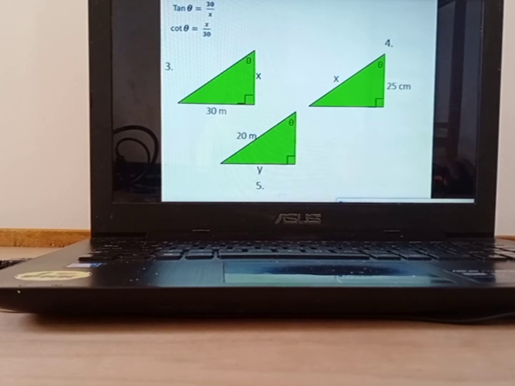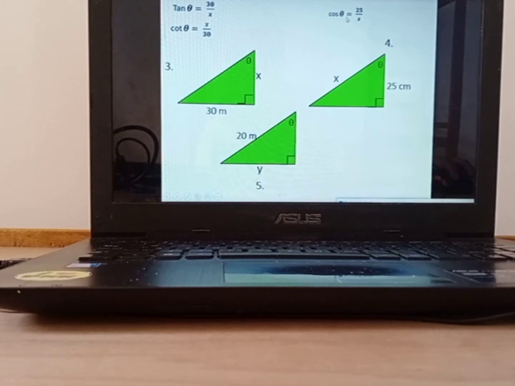Our formula is adjacent over hypotenuse. So the value of our adjacent here is 25 and the value of our hypotenuse is x. So therefore the value of cosine theta is equal to 25 over x.